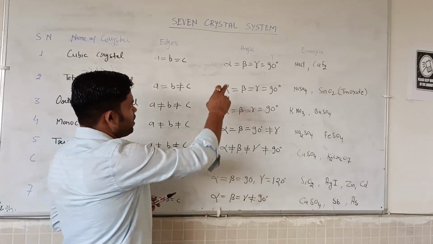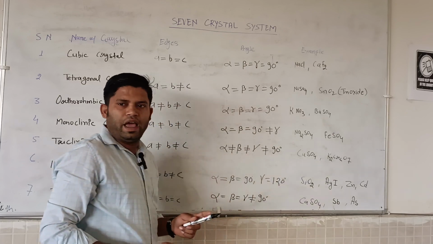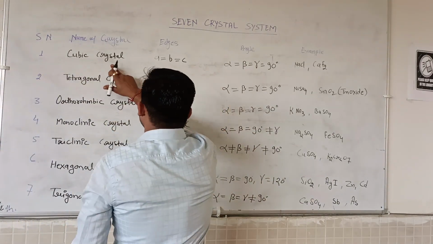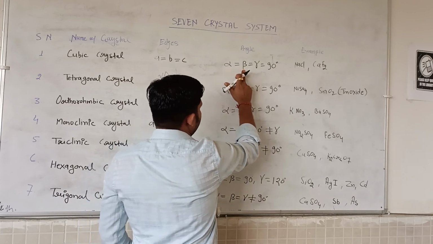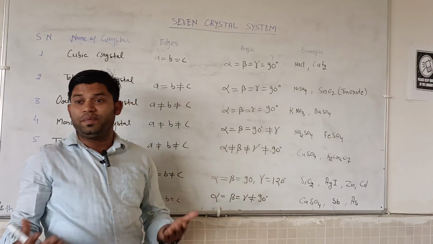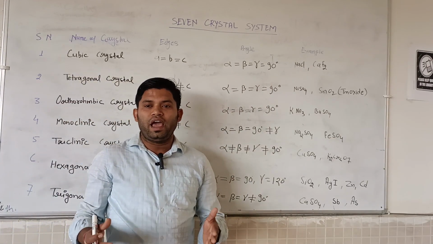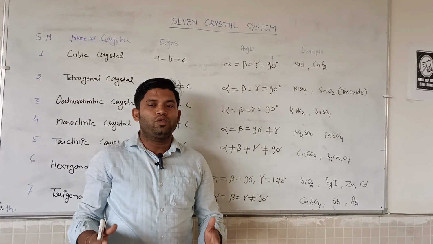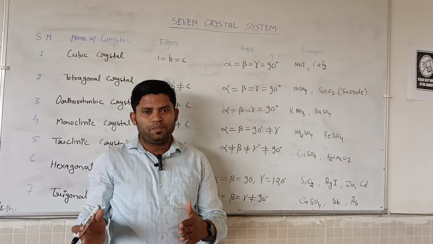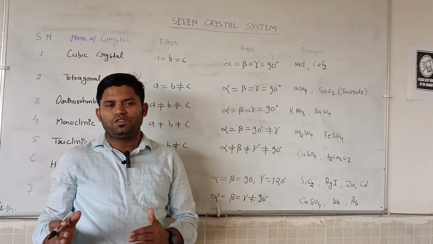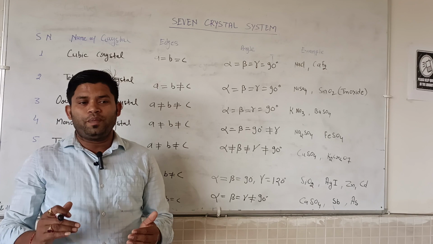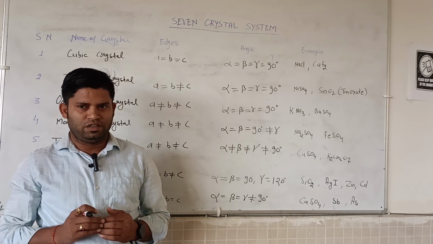So here alpha, beta, gamma are the angles of the respective crystal. In cubic crystal, alpha equals beta equals gamma equals 90 degrees. That means all the angles are perpendicular to each other. What do you mean by this? Mutually perpendicular to each other.